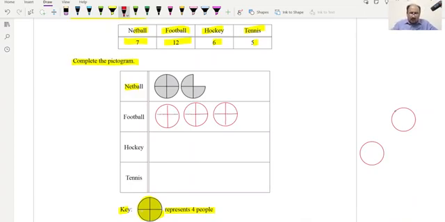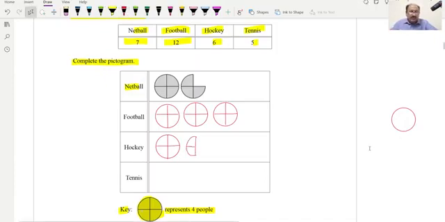Now hockey is 6, so hockey will be one complete circle over here with the lines drawn like this one, and there should be one semicircle also, with the 2 portions, so this will be 6.